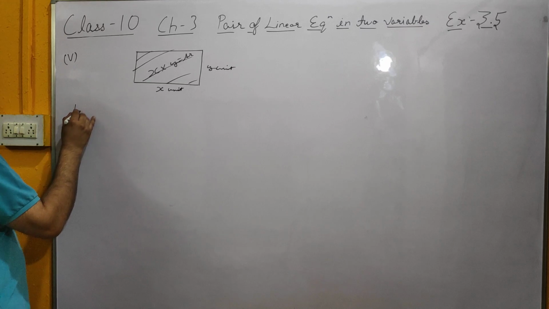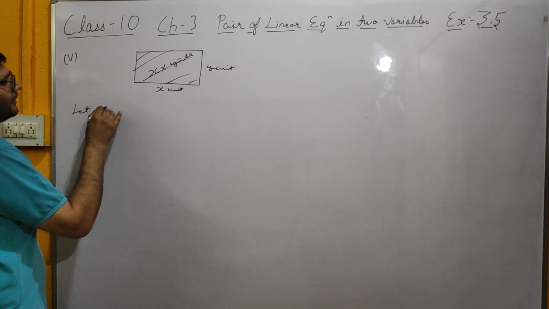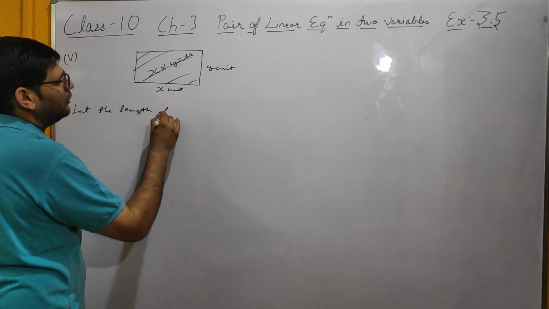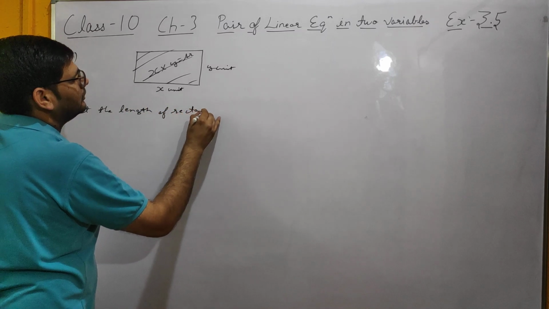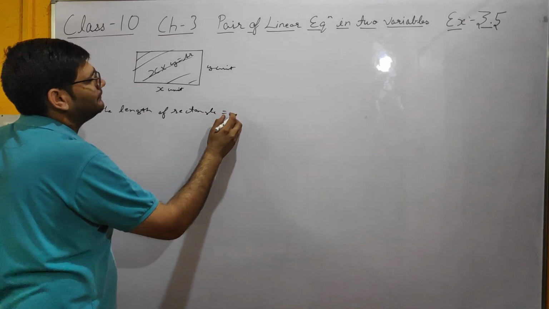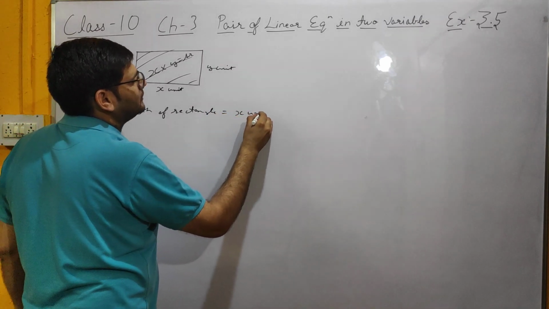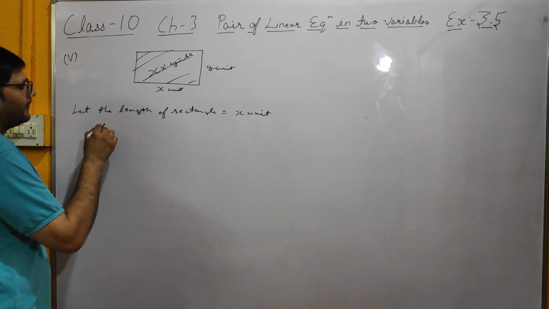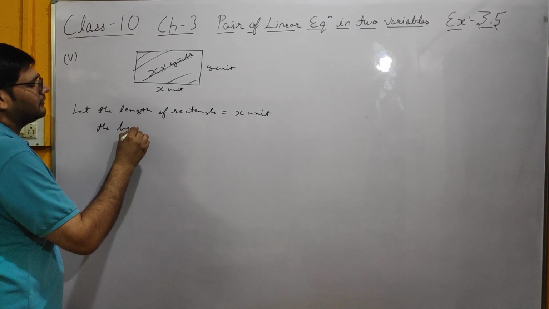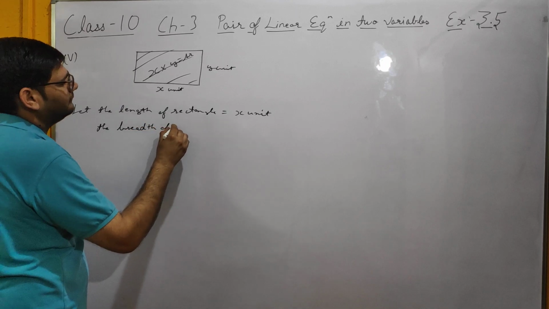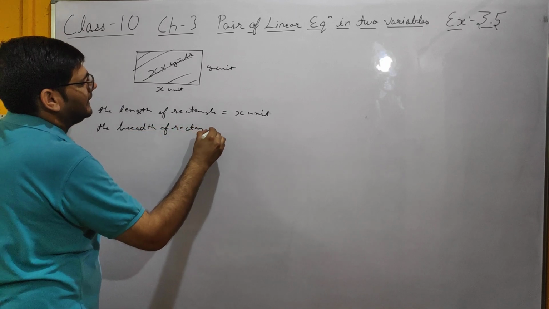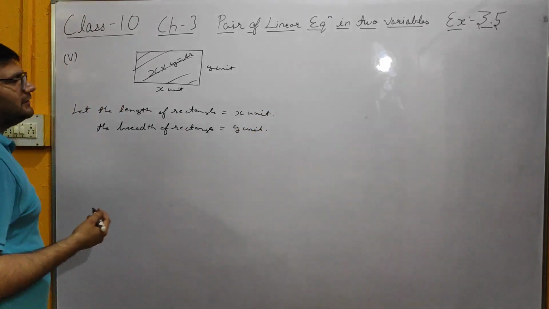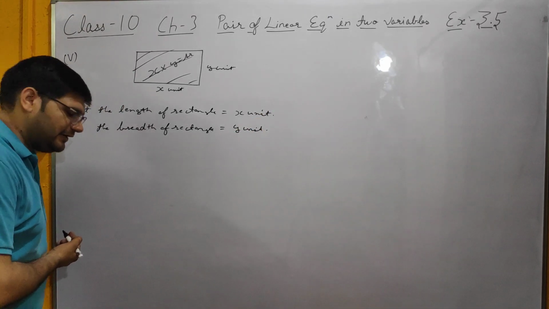So we'll say, let the length of the rectangle equal x unit and the breadth of the rectangle be y unit. The length is x unit and the breadth is y unit.